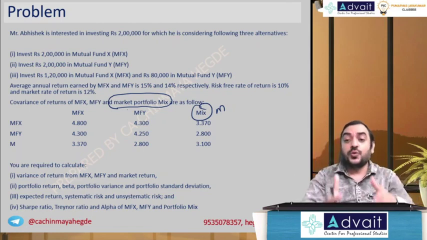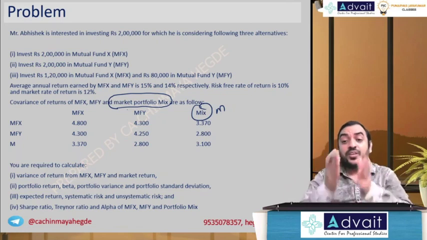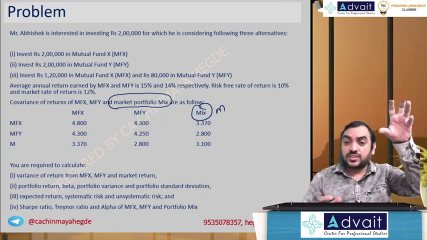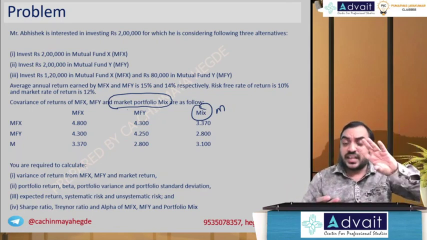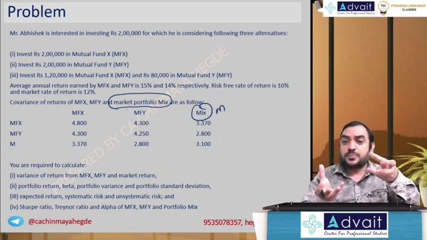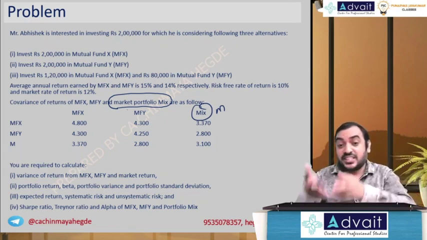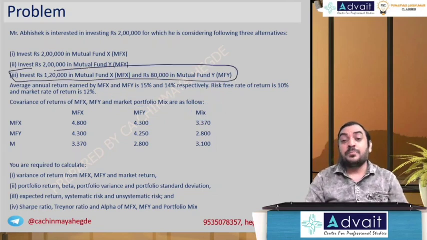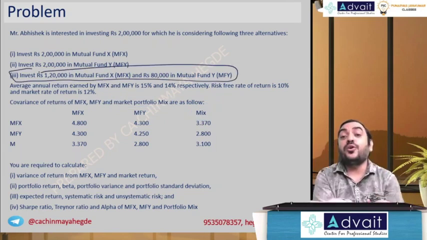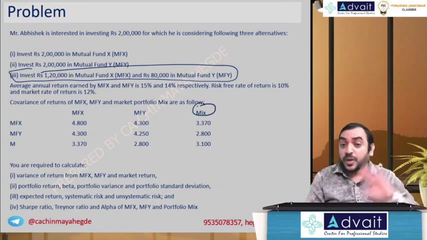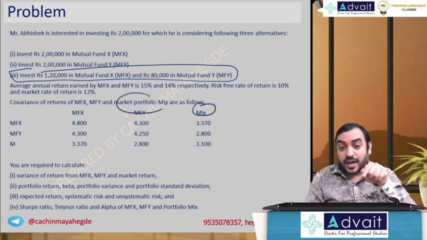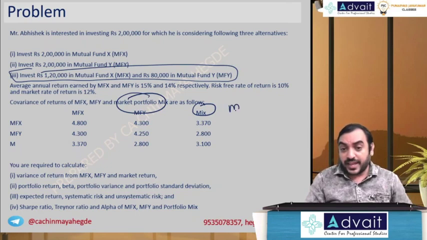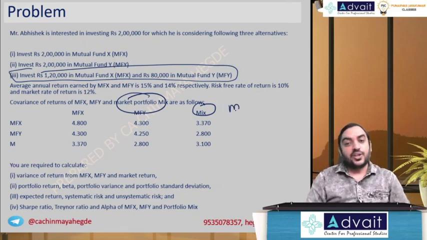They mislead you by giving the word mix. First MFX, second MFY, then you mix both and you get the portfolio. That mix is different from this mix. The third part of the problem is a mixture, that is where you get the portfolio. This is not your portfolio. This mix is the market portfolio. In simple words, M. I hope you got it.